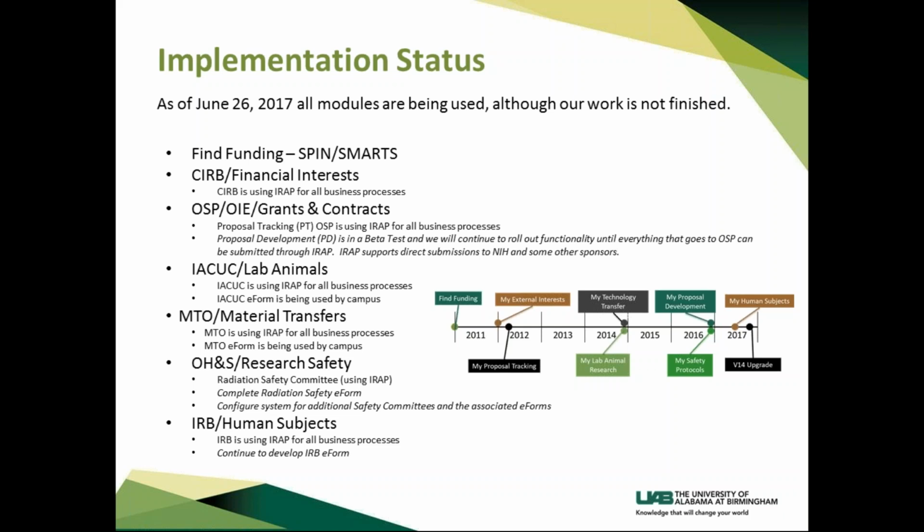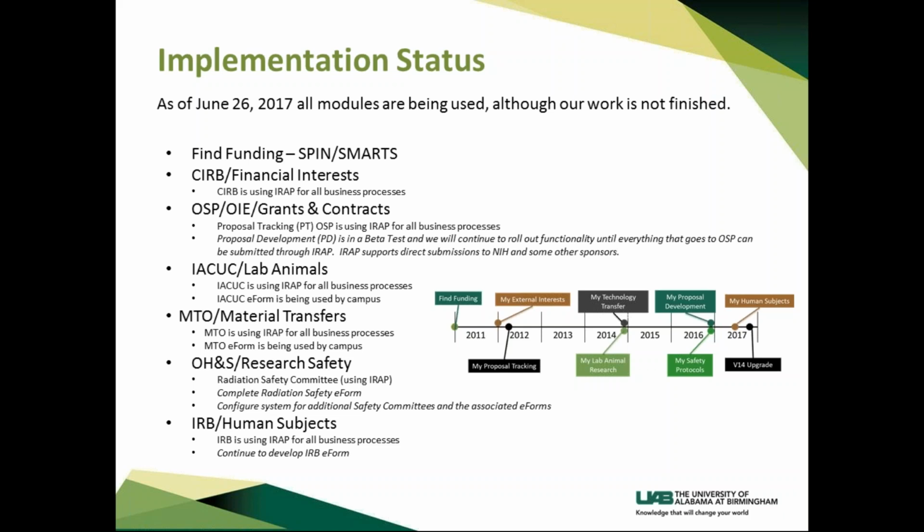One of the other things you can do with Spin is set up search criteria, and whenever a funding opportunity that meets those criteria is released, you will be notified via email. Instead of having to constantly go out and look for funding opportunities, it pushes it into your inbox, and so it makes it very convenient.